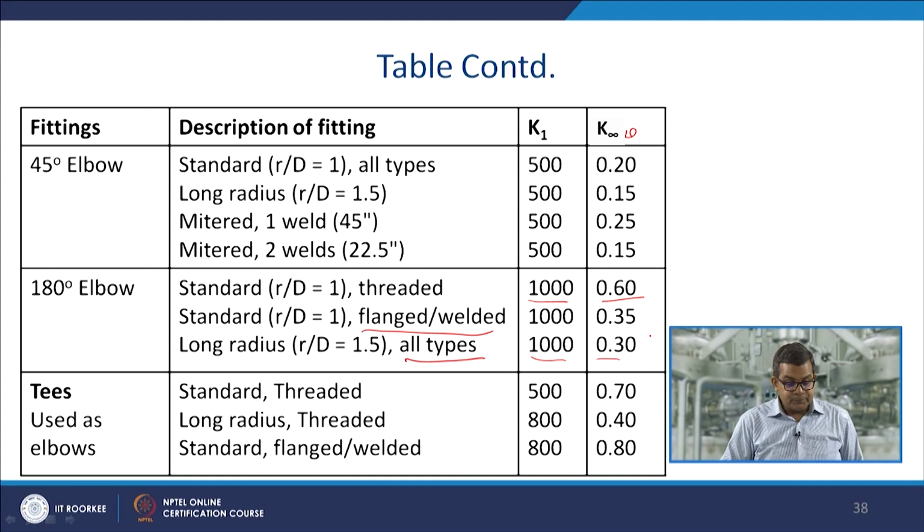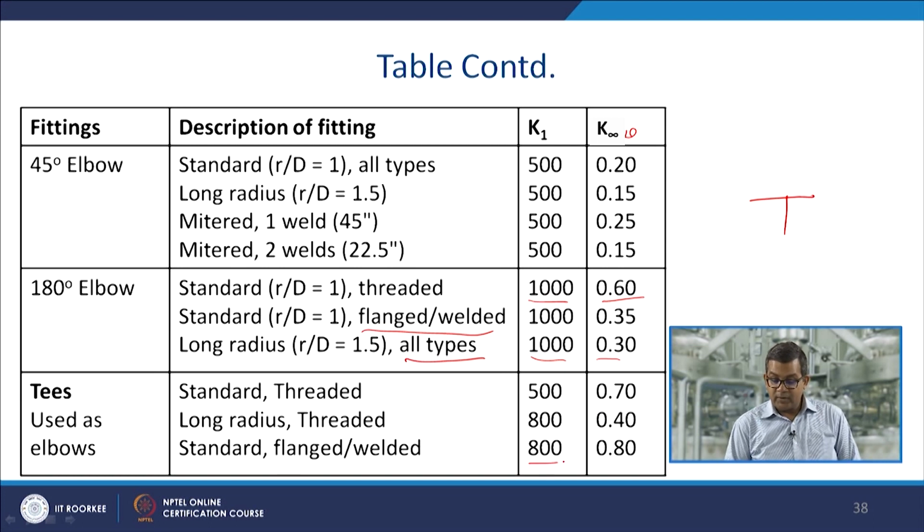There are various T's. T's are like this, sometimes used as an elbow. The standard threaded, maybe long radius, maybe threaded, standard, flanged or welded. So they have the respective range of K1 and K infinity, like 500 and K infinity is 0.70, then 800 is the K1 and 0.40 is the K infinity, and 800 for standard flanged or welded.